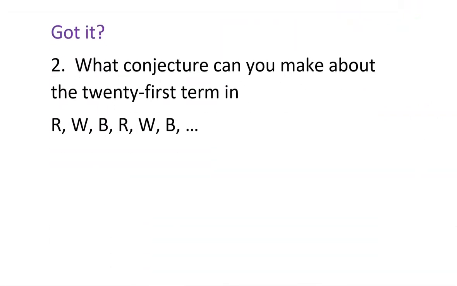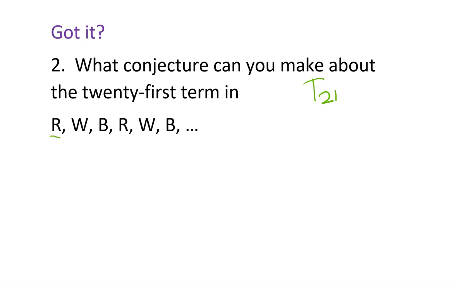Here's a got it question. What conjecture can you make about the 21st term? So we're looking for the 21st term. So RWB, RWB, maybe these are colors, red, white, blue, red, white, blue. So basically this pattern repeats every 3.